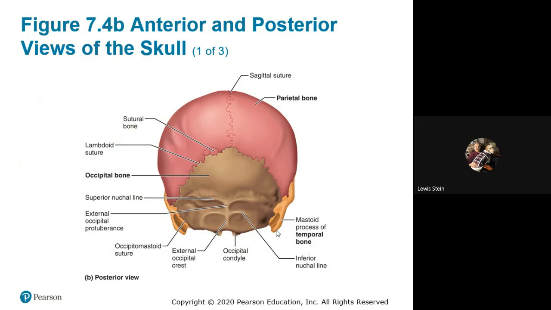It has a big opening for the foramen magnum. And on either side, you have an opening here. It shoots out. That's called, and we'll get to it, the hypoglossal canal. Hypoglossal means under your tongue.